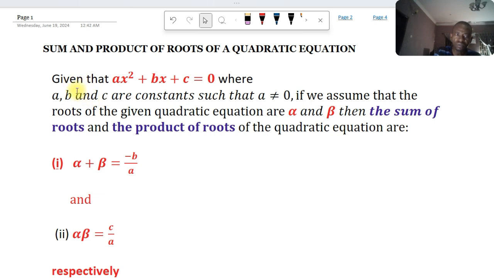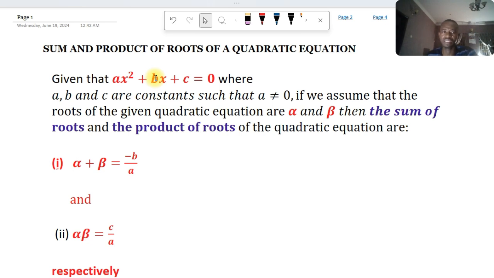What you have on your screen says, given that you have ax squared plus bx plus c equal to 0, where a, b and c are constants such that a is not equal to 0.